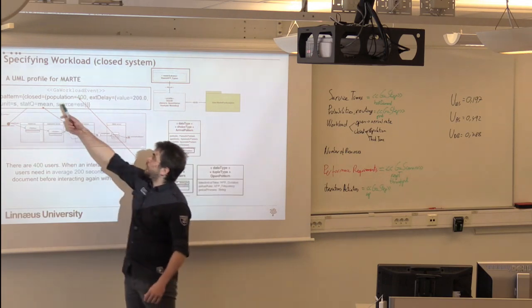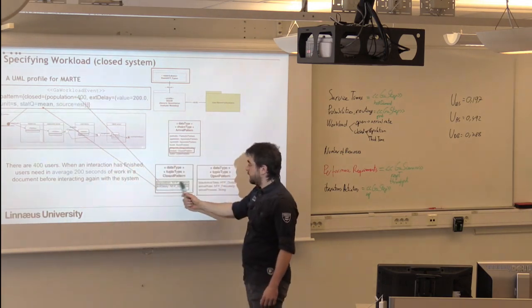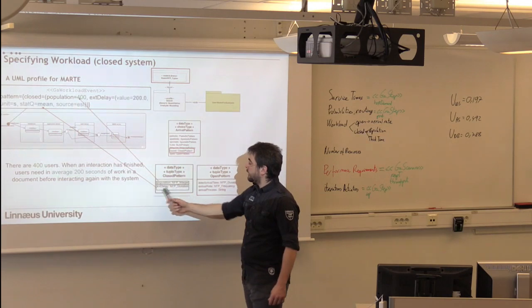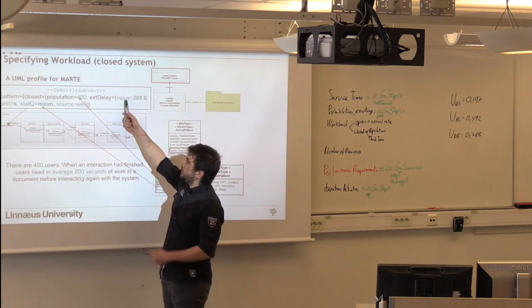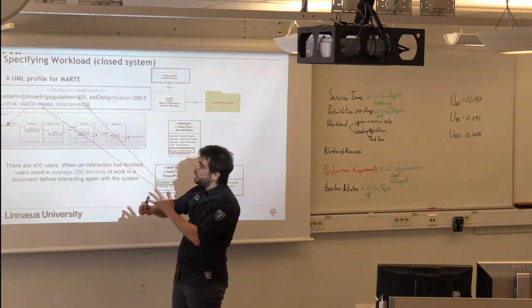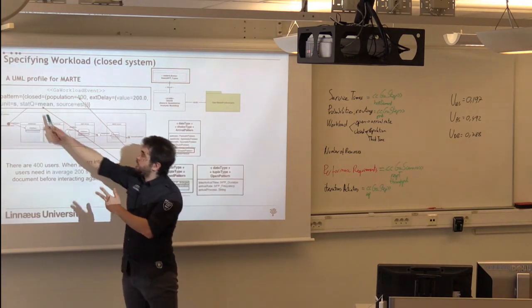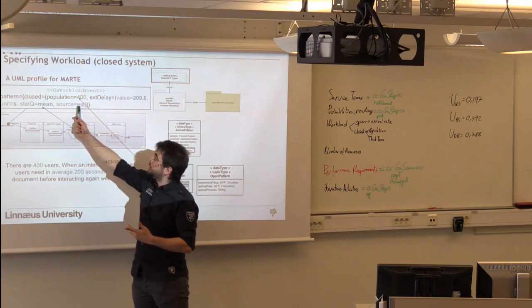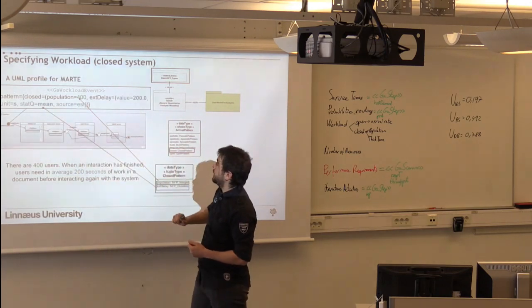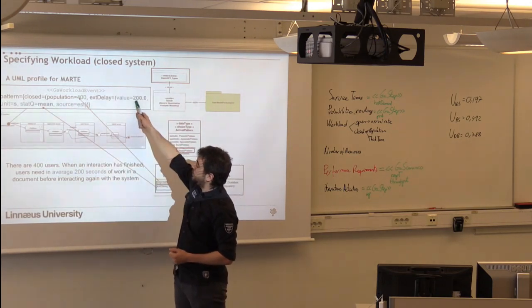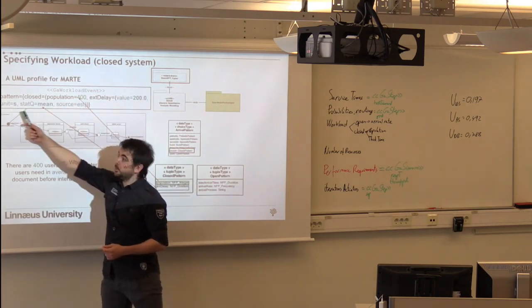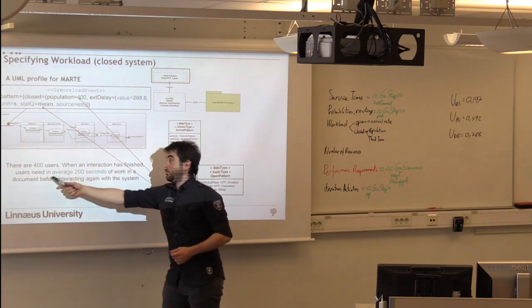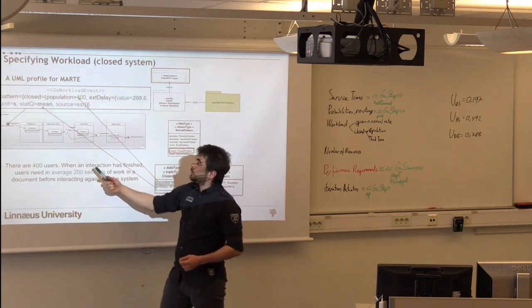So population 400, it's an integer directly, and the external delay a duration, like the response time. So for the external delay, we put the value, the units, the statistical qualifier, and estimated. So the value 200 seconds, value 200, the unit seconds, the statistical qualifier in average 200 seconds, so mean.